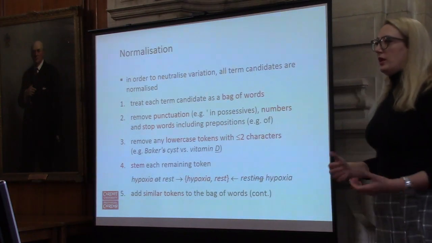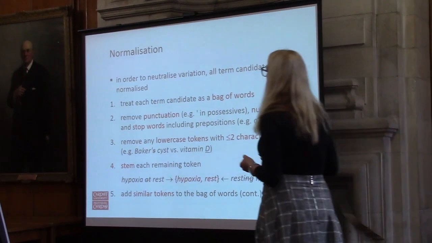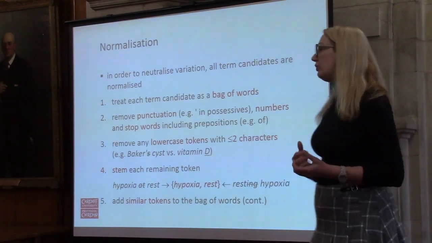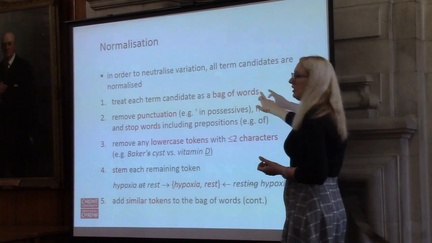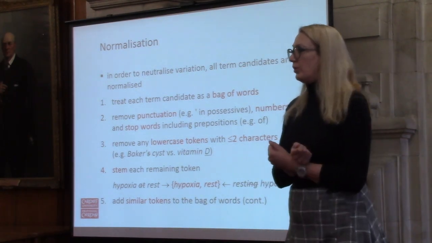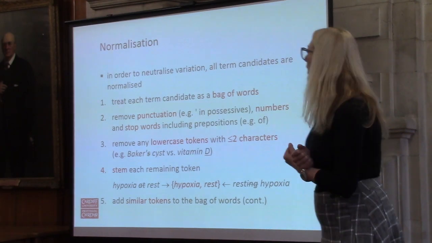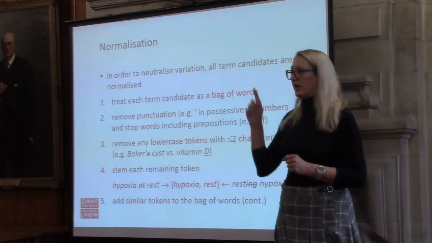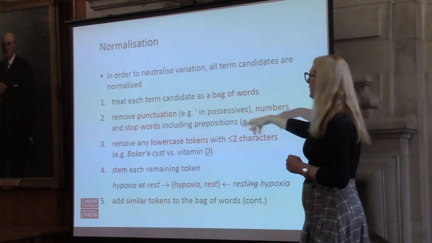So how do we neutralize the variation? First of all, we no longer treat term candidates as strings. Now we treat them as a bag of words. This will solve our problem of syntactic variation because the order of words will no longer matter. We'll remove meaningless tokens like apostrophes, numbers, and stop words.